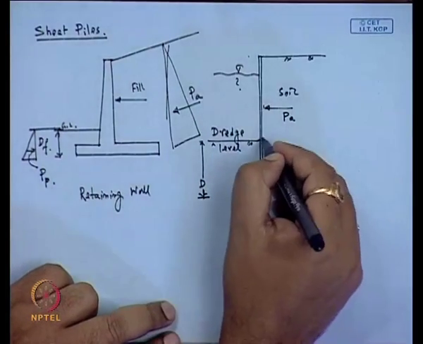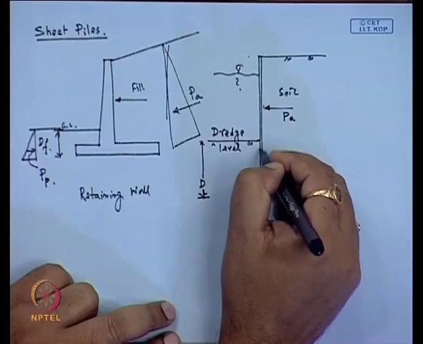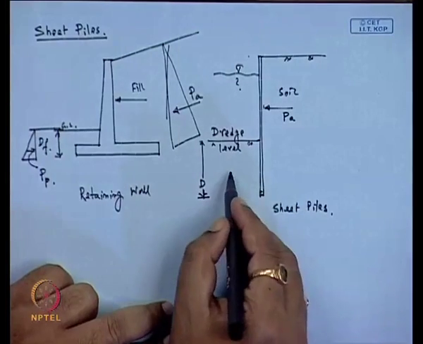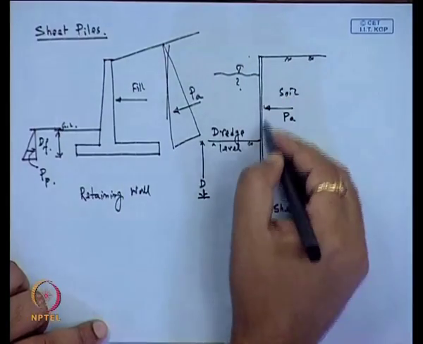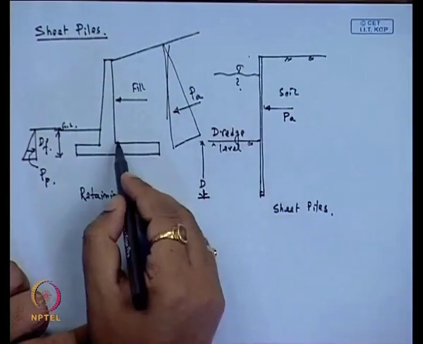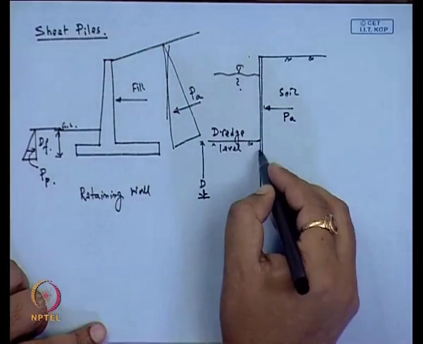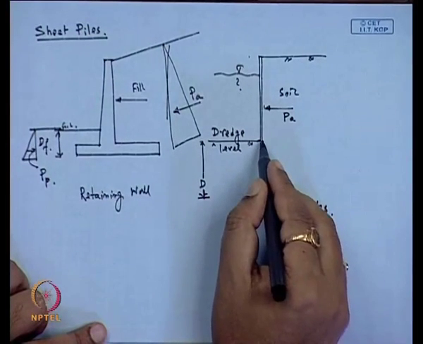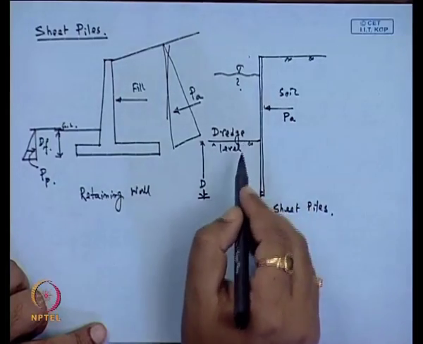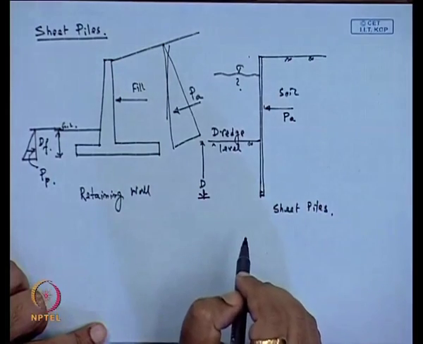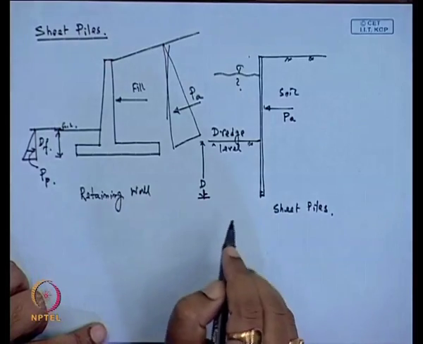So, the most of the resistance the sheet pile gets is from the soil itself. That is why the required depth of the sheet pile is more as compared to the retaining wall, because below this dredge level the soil resistance is giving the stability of this sheet pile wall.